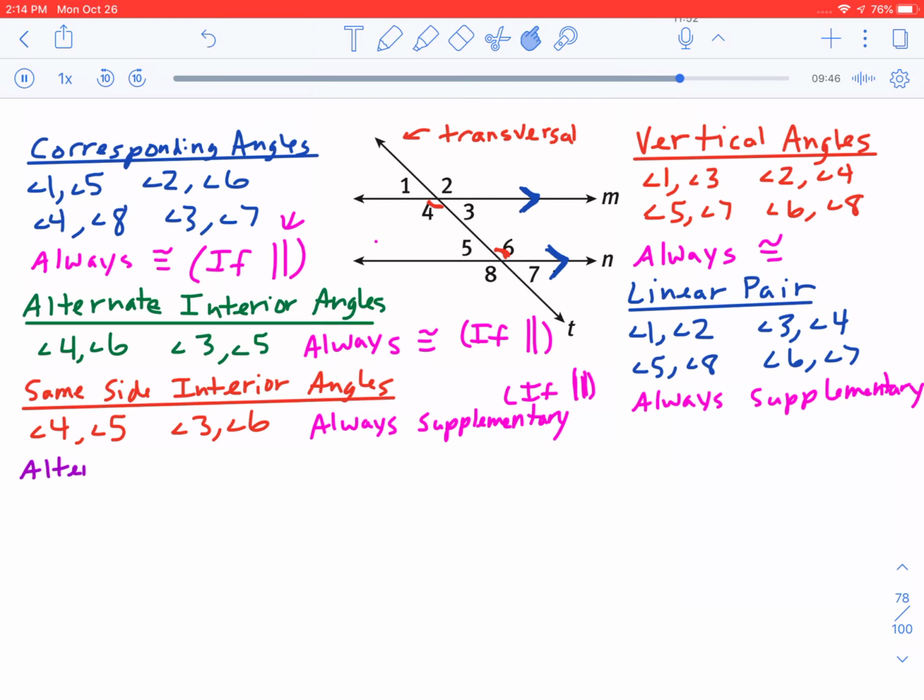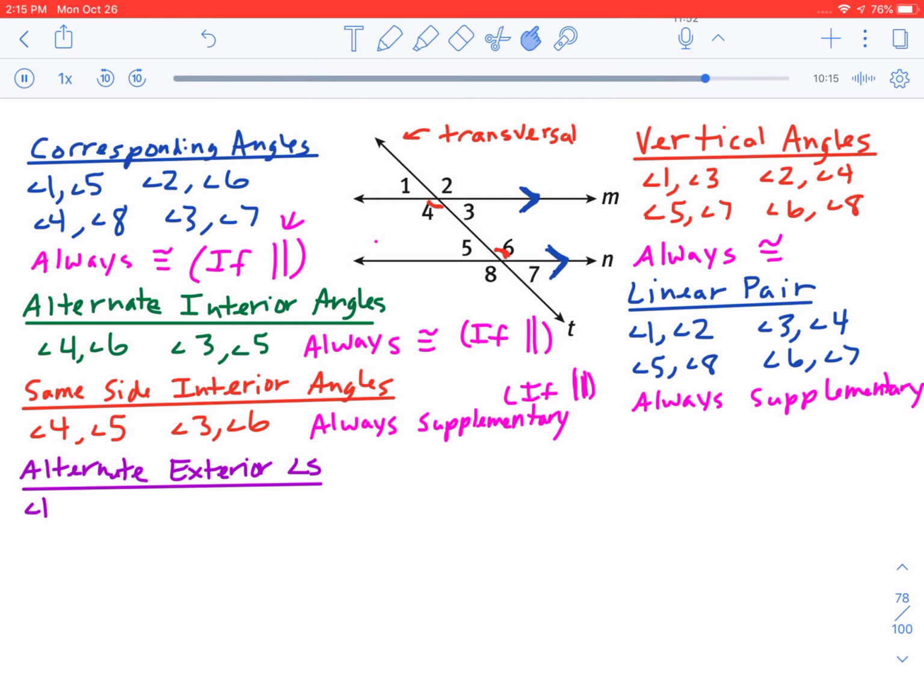So we have alternate exterior angles. Same sort of thing: alternate sides of the transversal. But the word exterior means they're outside of the parallel lines.